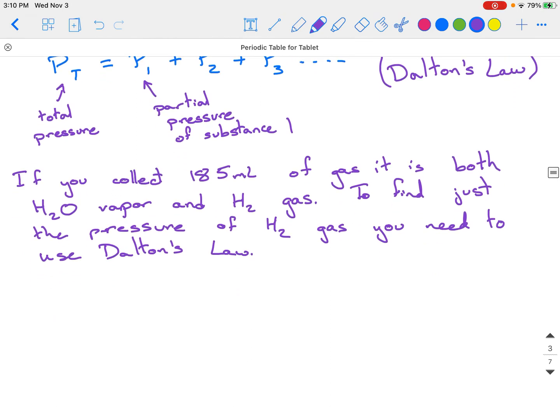Okay. So specifically, if the total pressure is 0.946 atmosphere. And I'll show you in the lab how we'll be getting that total pressure.